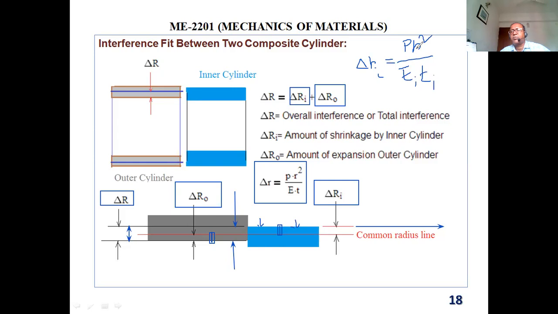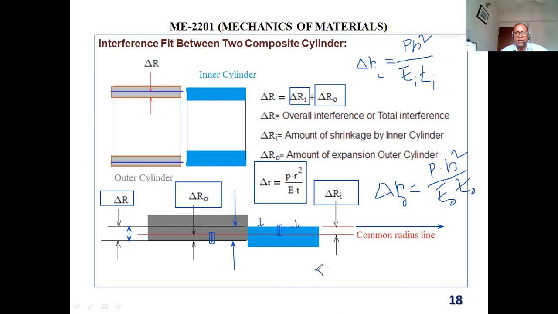R is the common radius. Similarly, delta R naught will be P into R square divided by E naught into T naught.